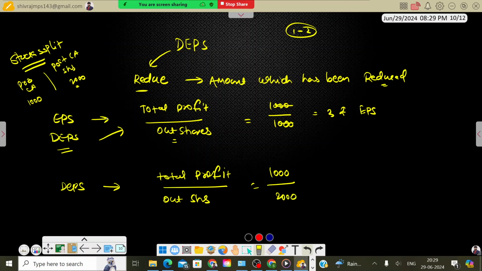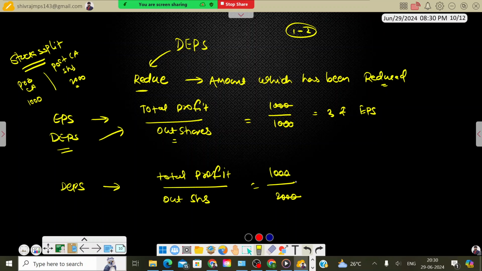Why? Because post corporate actions, what happened? So if you see here, just calculate it.